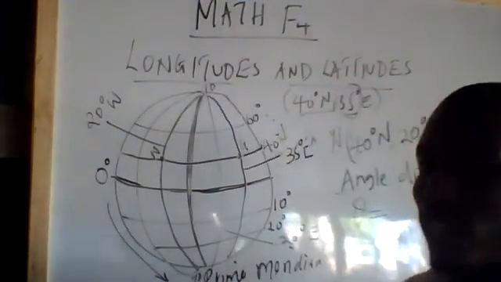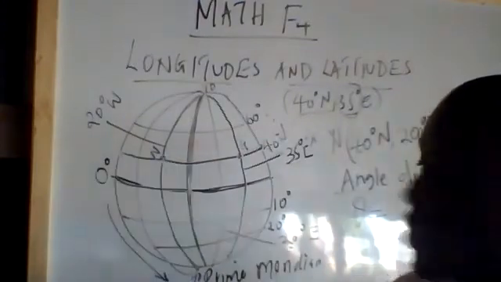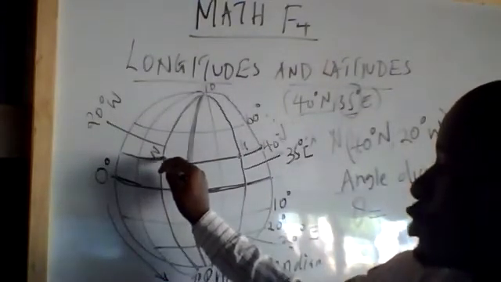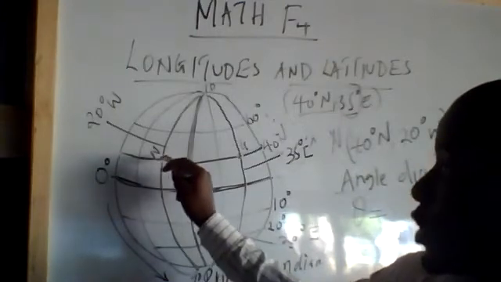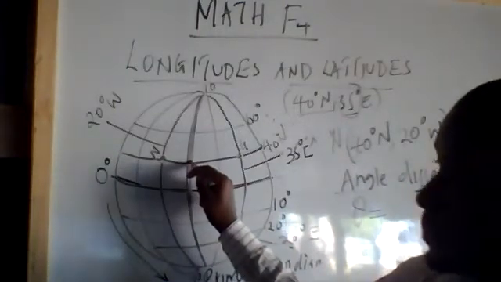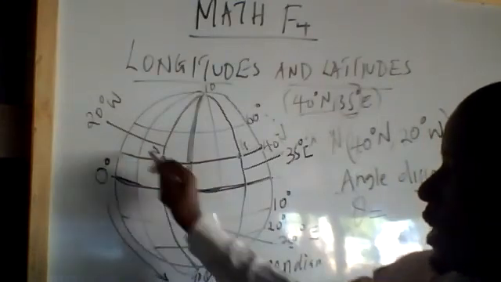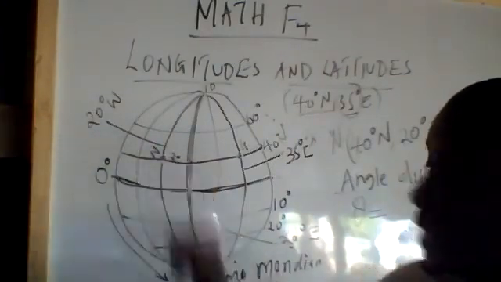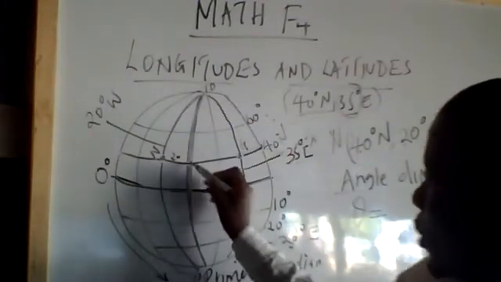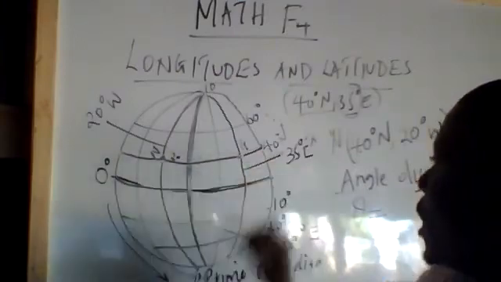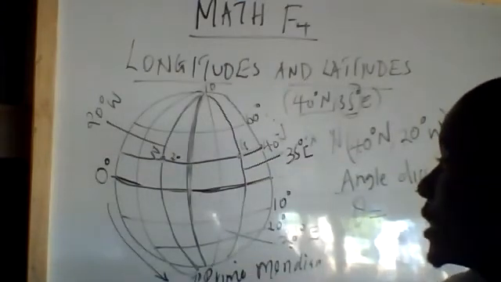For example, if we are at Nairobi, which is N, what is the total number of degrees from N to the prime meridian? Ukiangalia from Nairobi to the prime meridian, it is a total of 20 degrees. Then from the prime meridian to where G is, it is another 35 degrees.